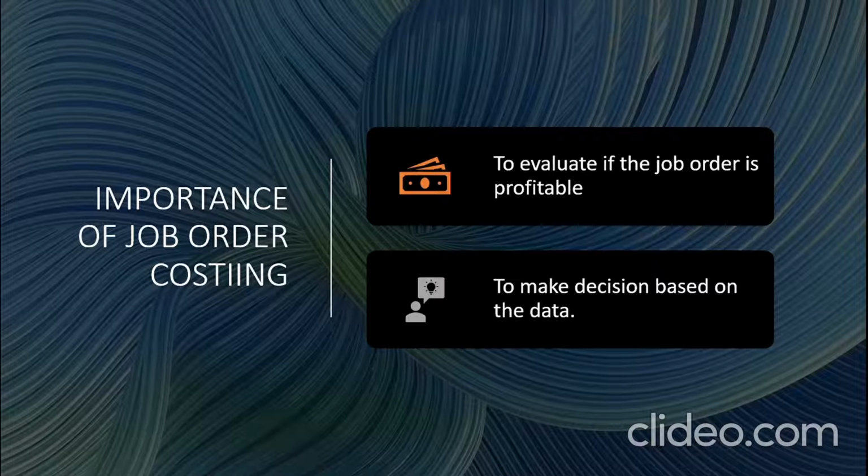The other importance is to make decisions based on data. The job order system is valuable data because it stores the details and cost of a job. This database can be used as factual data to evaluate efficiency and reduce cost by changing unnecessary processes.